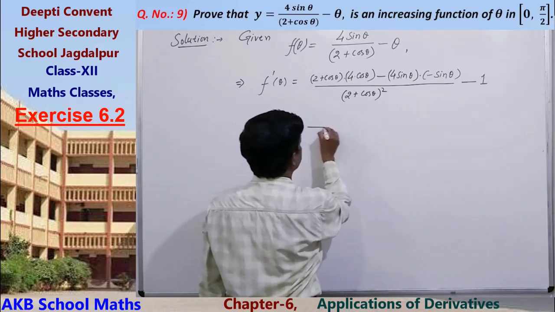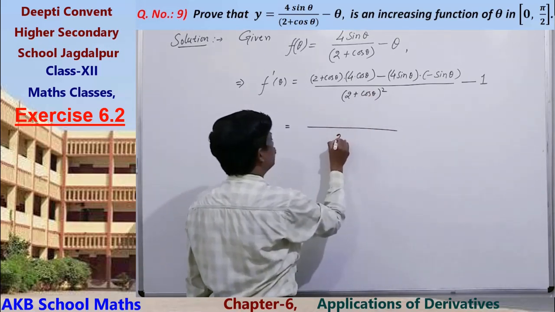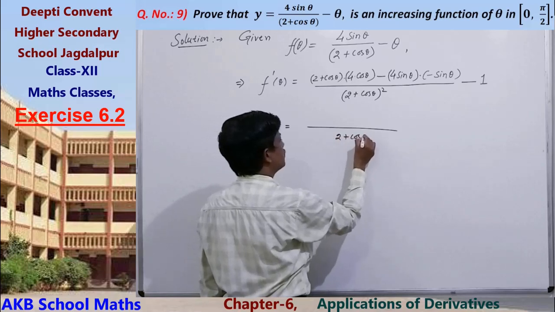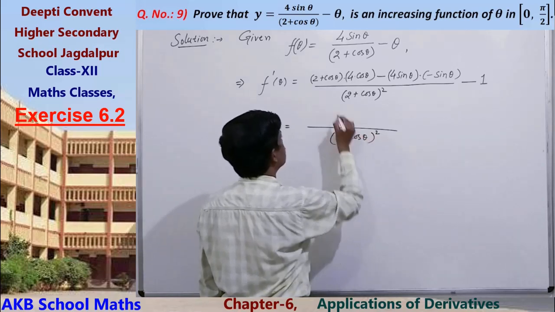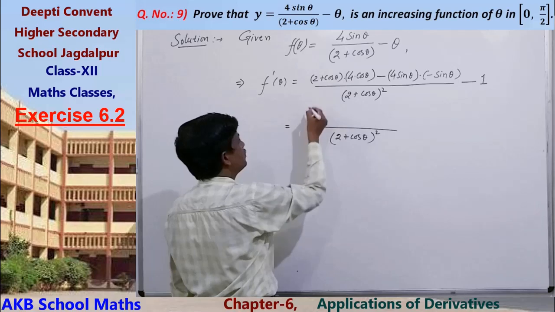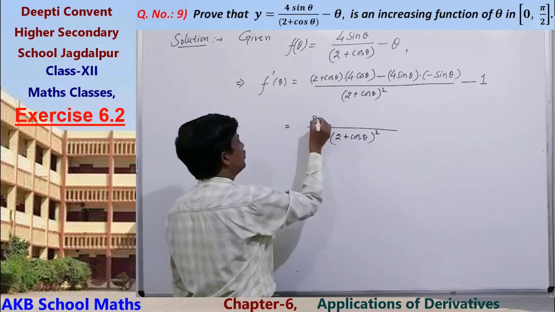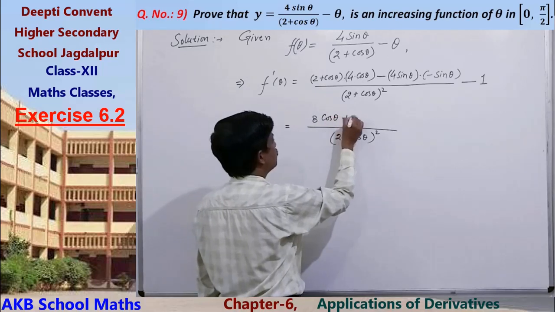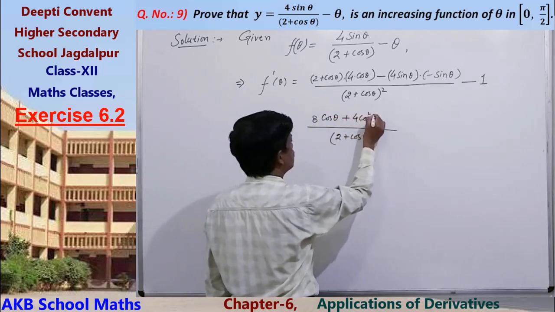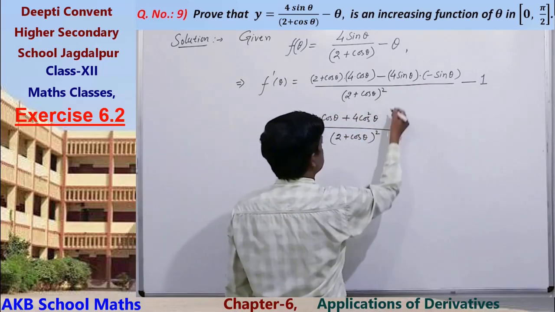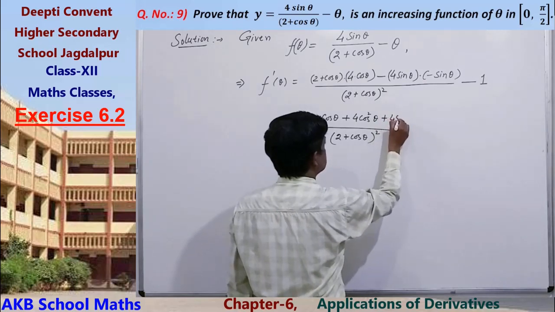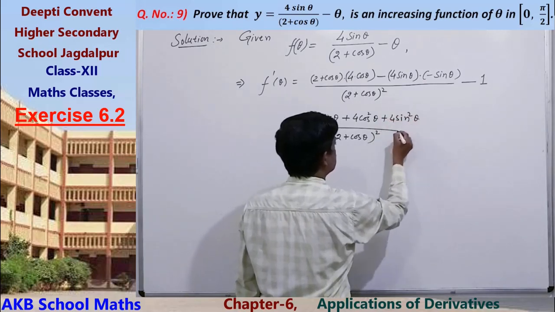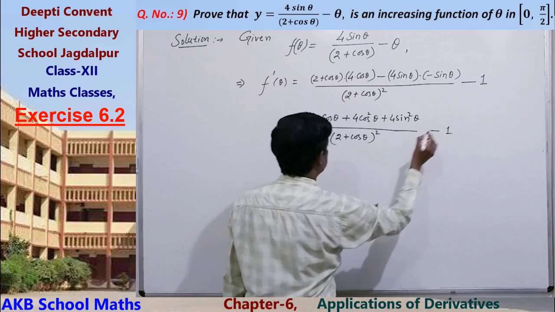Here 2 plus cos theta whole square, multiply it, 8 cos theta plus 4 cos square theta plus 4 sin square theta, minus 1.